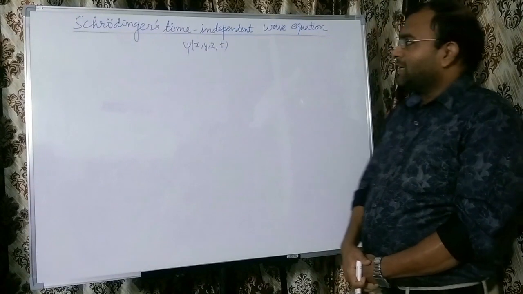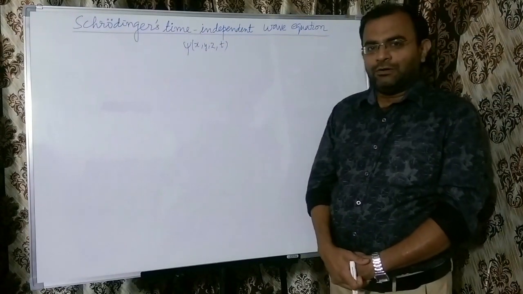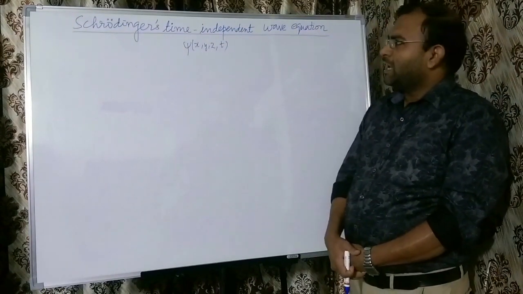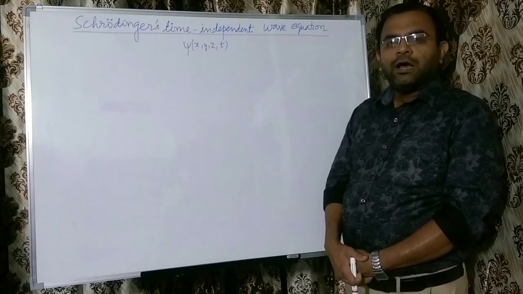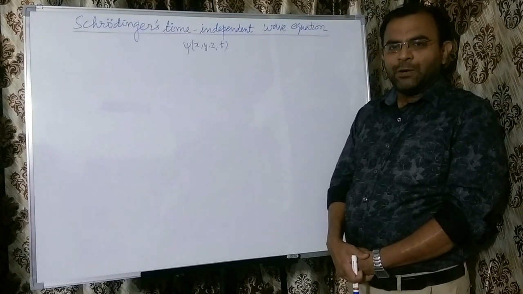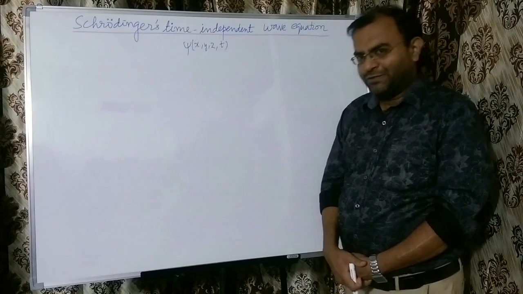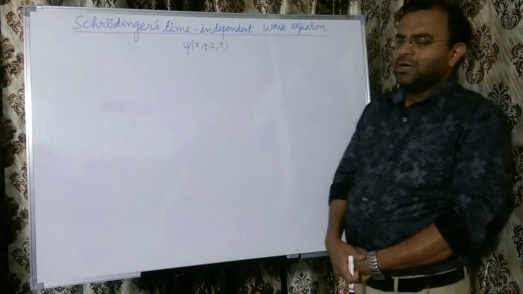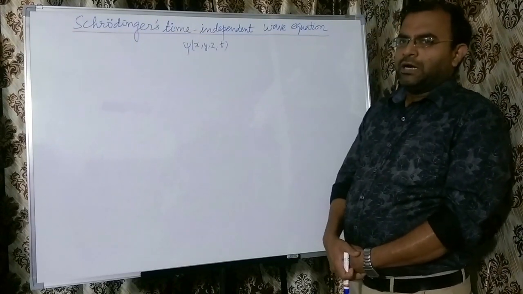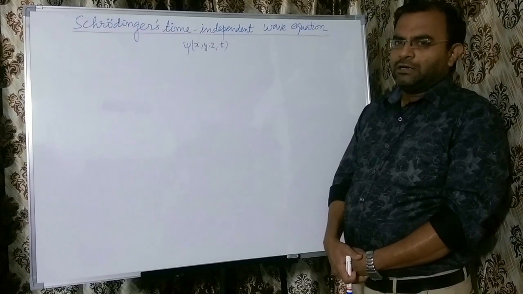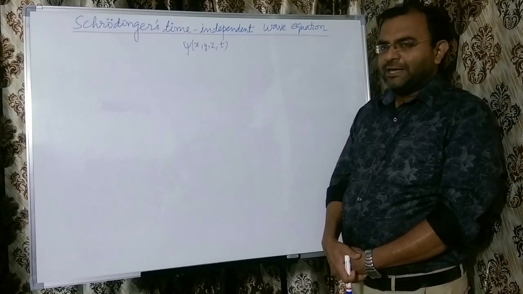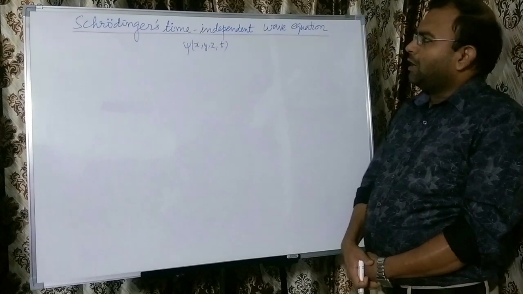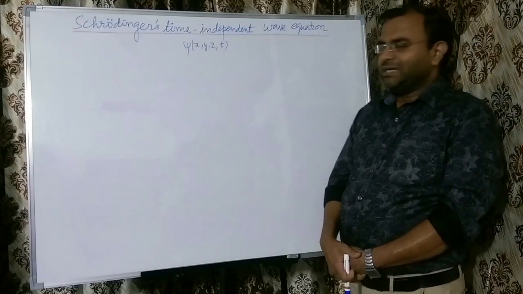Now this wave equation of Schrodinger is similar to Newton's equation of motion for a classical object. So this equation signifies the behavior of the quantum object.